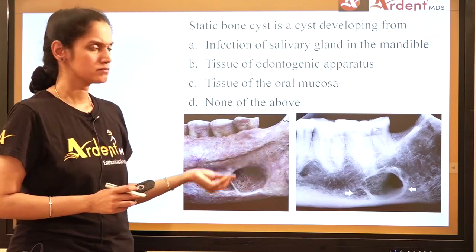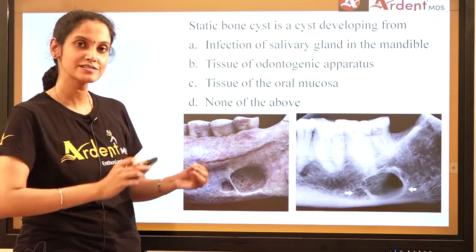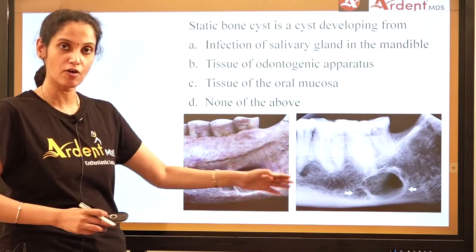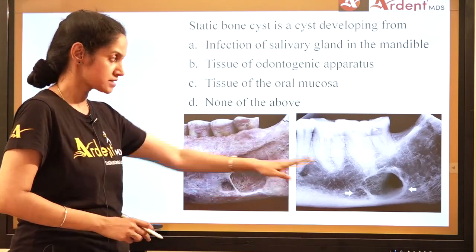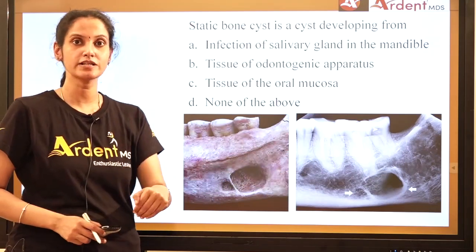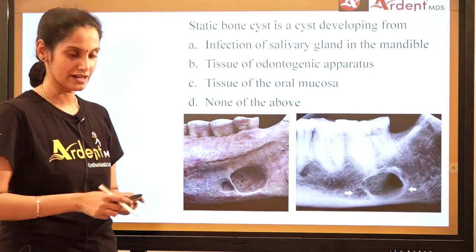Accordingly it's very static, it's very quiescent, so you call it a static bone cyst. Also Stafne bone cyst, there are a lot of synonyms for it according to the anatomic location. The same defect can even occur in the anterior part of the mandible on the lingual aspect where it is occupied by the sublingual salivary gland.